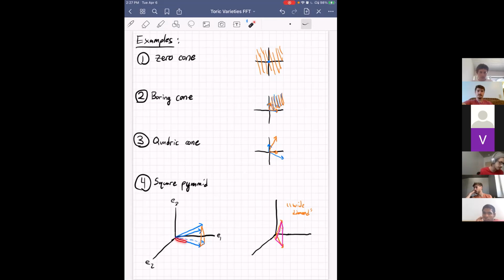And then the square pyramid cone, because I made it go out 2 in the x, it's scrunched up here. So when you take the dual cone, first of all, the faces switch sides with the edges of the cone.